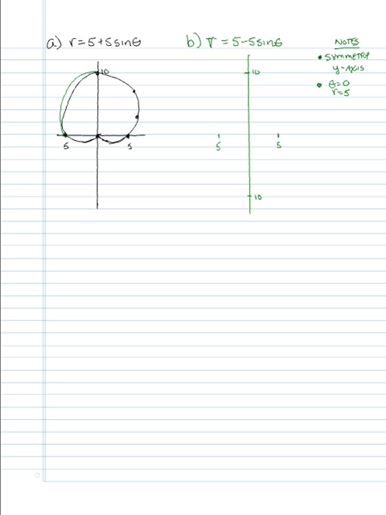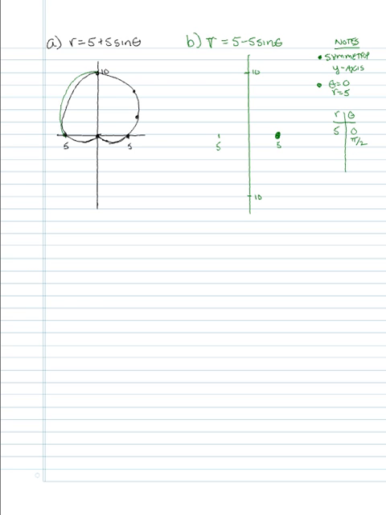So I said I wasn't going to plot points, but I think I will look at some representatives. Now, I might be able to do this in my head, but I already decided if theta was equal to 0, my r would be 5. And so that's the point that we had a while ago right there. And next, probably what I would look at is, well, what would r be if theta was pi over 2? Well, if theta is pi over 2, remember, the sine of pi over 2 is 1.